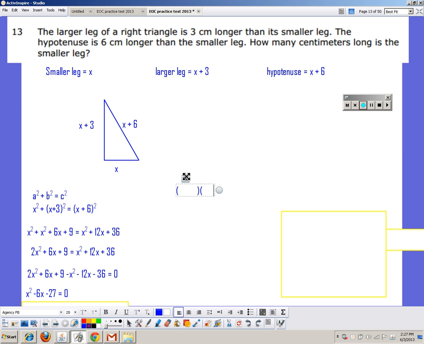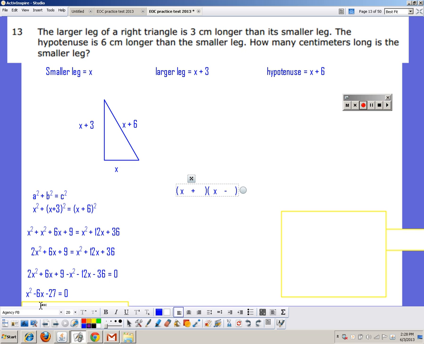And if you look at your trinomial, of course, the only thing that can give you x squared is x times x. The last sign with the 27 is negative, so we know one number is going to be positive, the other one negative. And we're looking for a number that multiplies to a negative 27, but adds up to a negative 6.